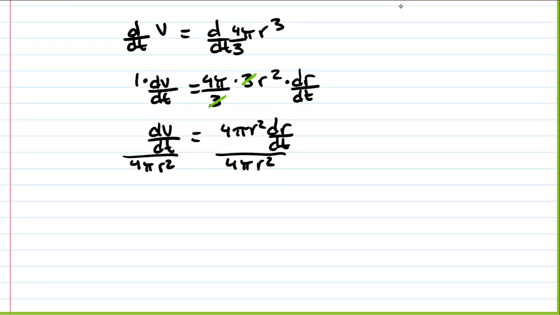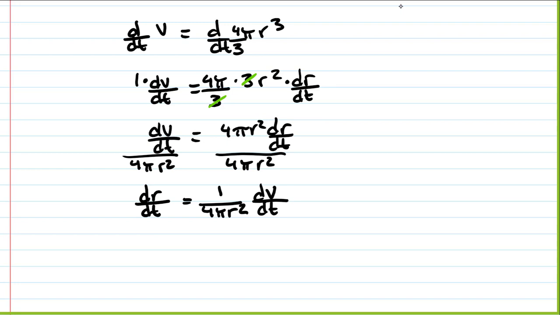So then we end up with dr/dt is equal to 1 over 4 pi r squared times dV/dt. All right.